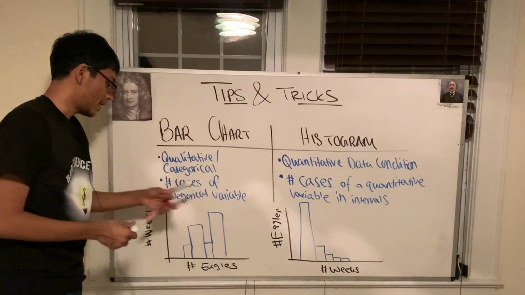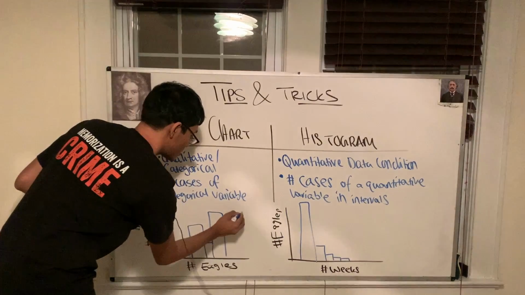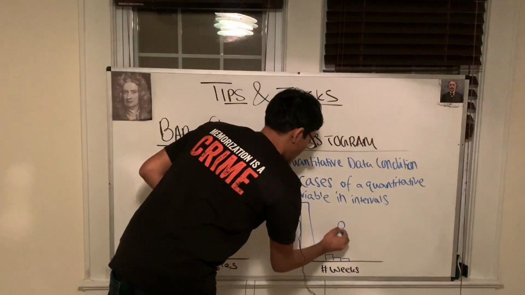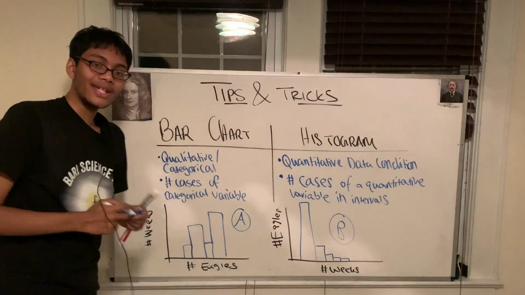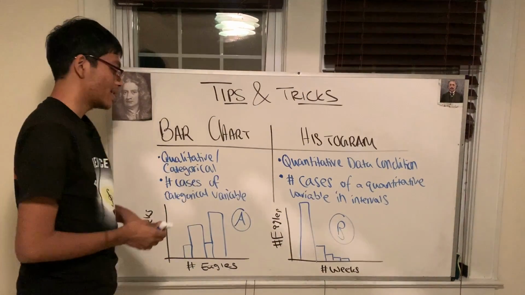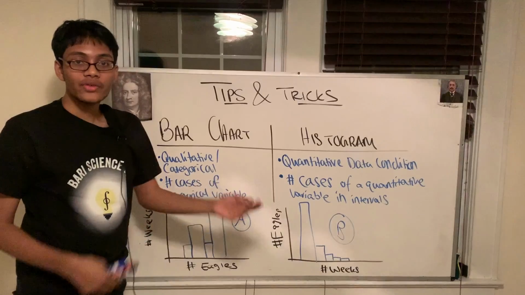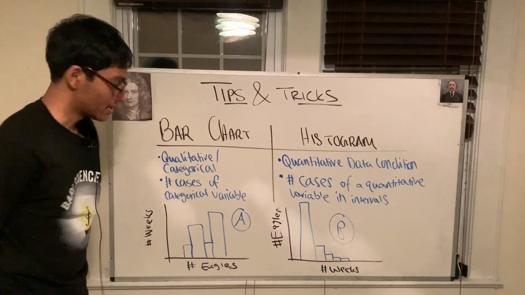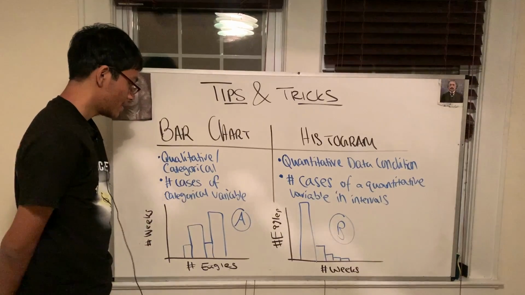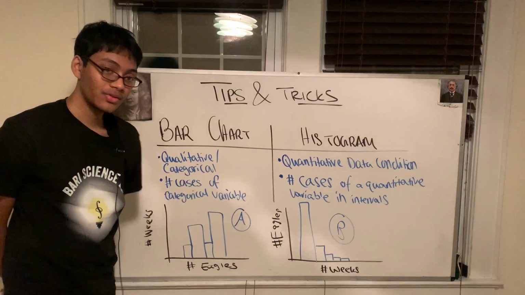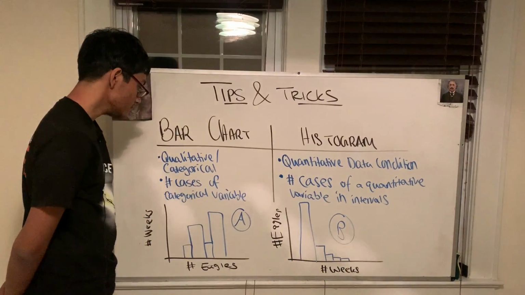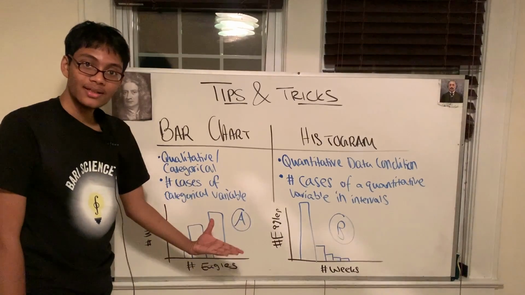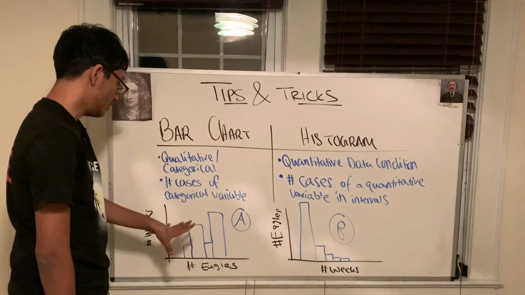Let's call this histogram A, and let's call this histogram B. Which is the right histogram if I want to summarize the number of eagles I saw over the last few weeks? Or rather, the distribution of the number of eagles I saw. Well, can you notice which one is the right histogram? Well, it's this one, right? It's A.